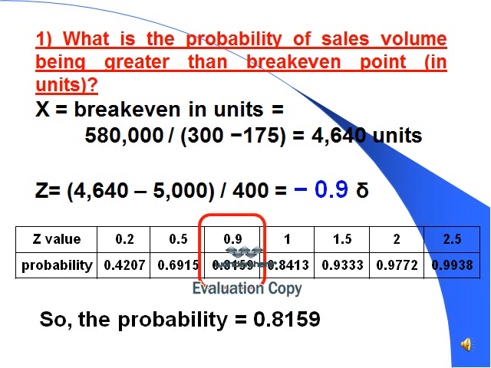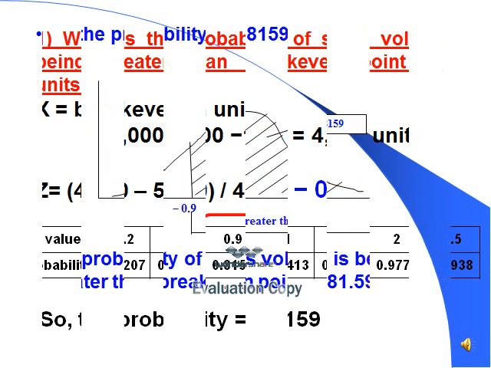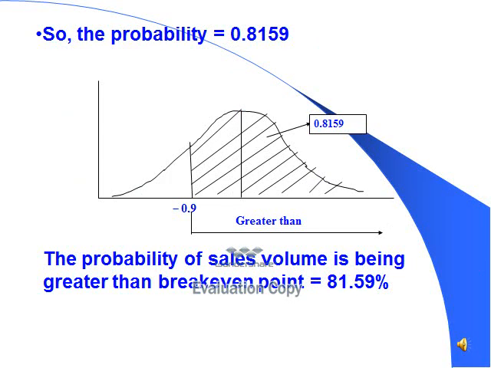From the table, at Z equal 0.9, the probability is 0.8159. Z value may be negative or positive. Here Z is negative, so it will be on the left side, and the probability will be the area on the right side.